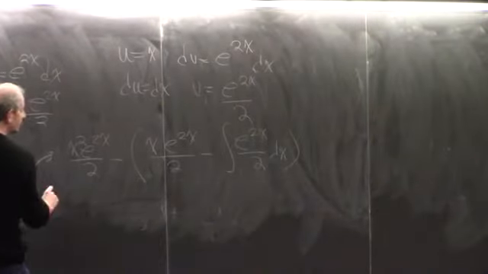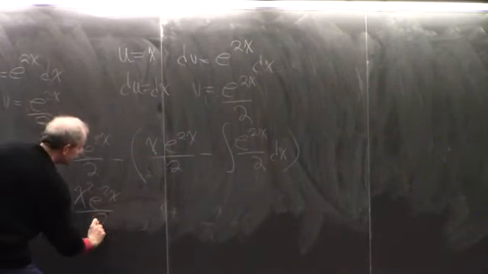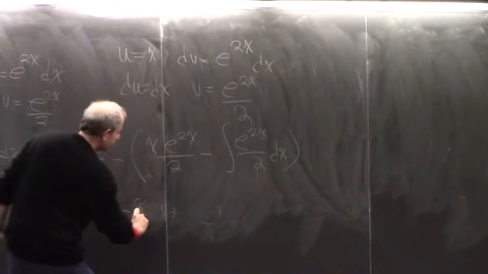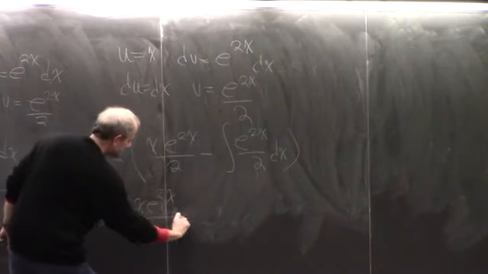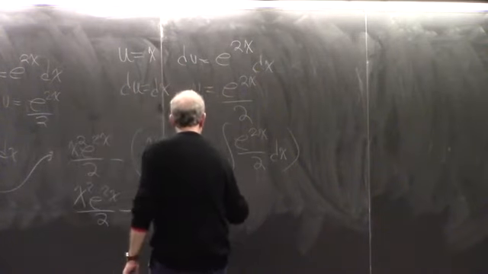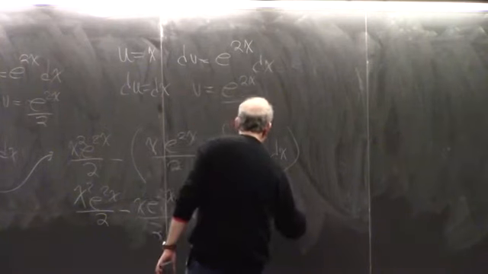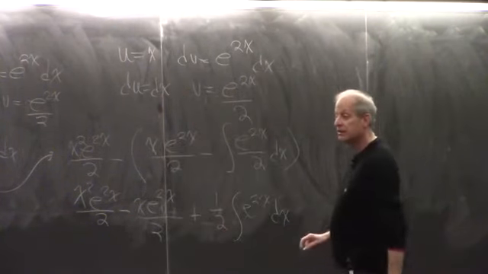And you distribute the minus sign, and you get x squared e to the 2x over 2 minus x e to the 2x over 2 plus 1/2 the integral of e to the 2x dx.